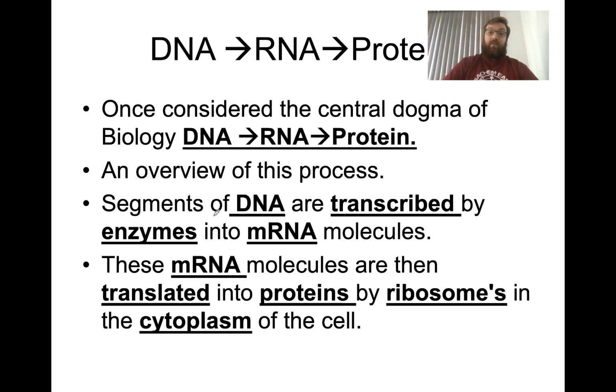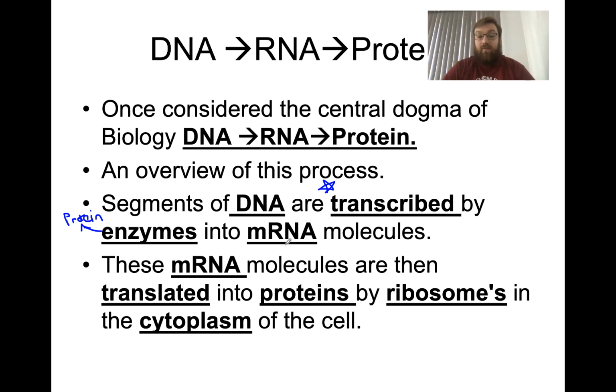So segments of DNA are transcribed. We'll get more into this, this is just an overview. They are transcribed by an enzyme, which we remember is a protein, and that's made into mRNA.